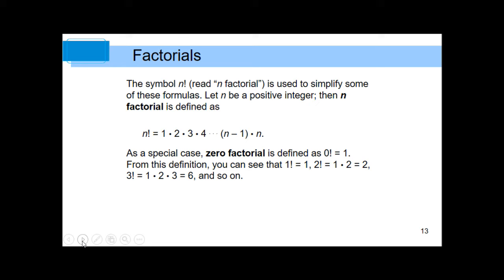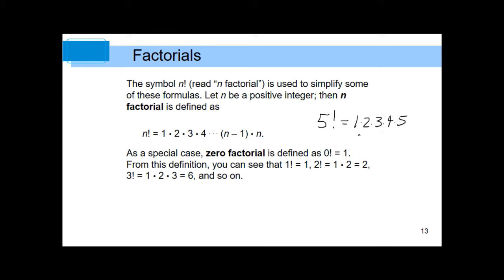Many of the sequences that we are going to look at involve multiplying 1 times 2 times 3 times 4, or 1 times 2 times 3 times 4 times 5, or a whole sequence of natural numbers increasing by 1 each time. And so we have a shorthand notation. You know how we love our shorthand notations. For example, 5 factorial is just 1 times 2 times 3 times 4 times 5.